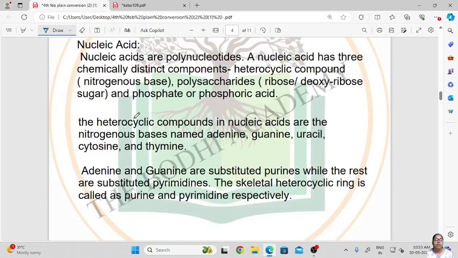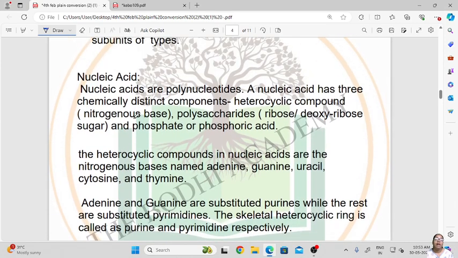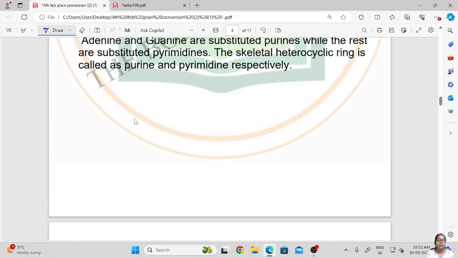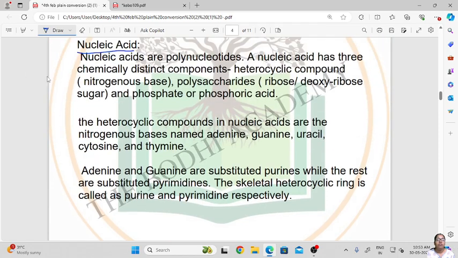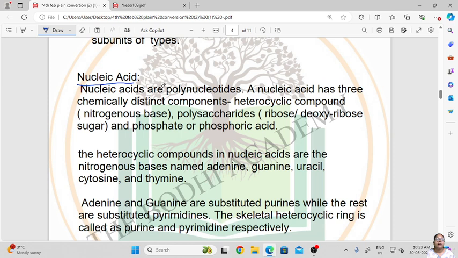Now let us see what are nucleic acids. So this is another type of biomolecule which is called the nucleic acid. Nucleic acids are polynucleotides. A nucleic acid has 3 chemically distinct components, that is a heterocyclic compound, that is the nitrogenous base.